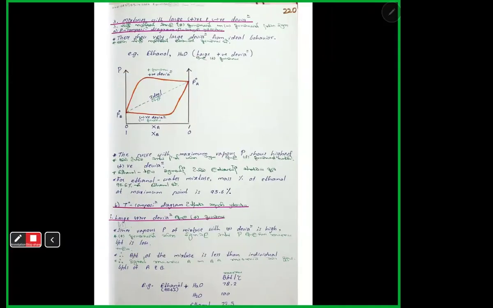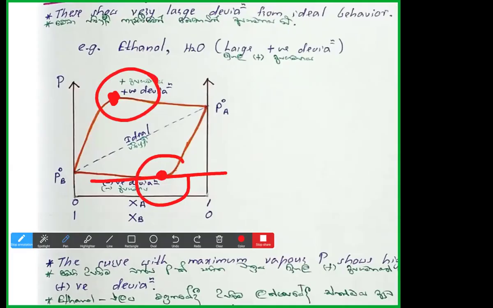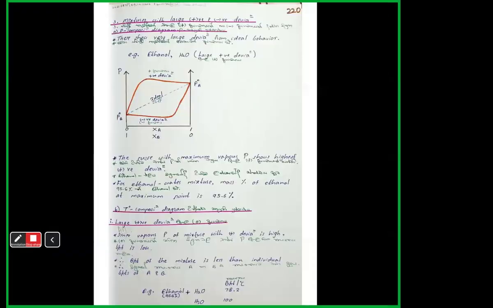That simply means this one has a maximum point, and here this one has a minimum point. A higher maximum means a large positive deviation, and a higher minimum means a large negative deviation. Those are the two differences.